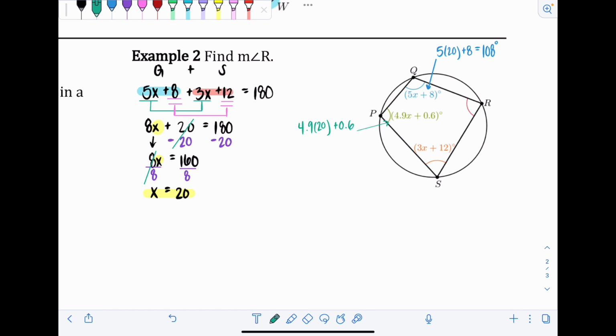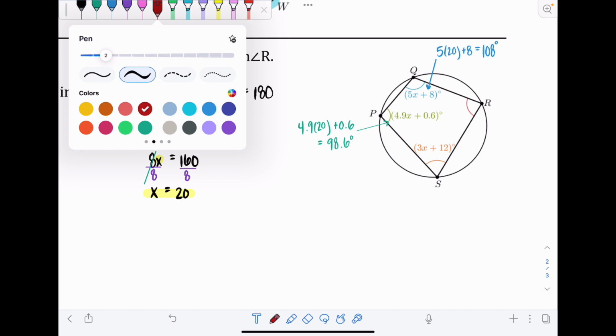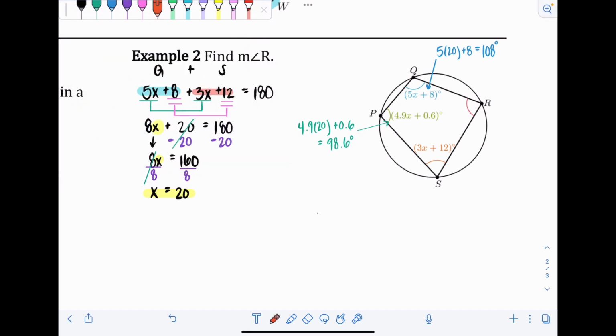So we end up with 98.6 degrees for angle P. And then for angle S, we need to put that 20 in for x into the 3x. So it'd be 3 times 20 plus 12 for angle S, and then 3 times 20 is 60, and 60 plus 12 should be 72 degrees. So that ends up being 72 degrees.